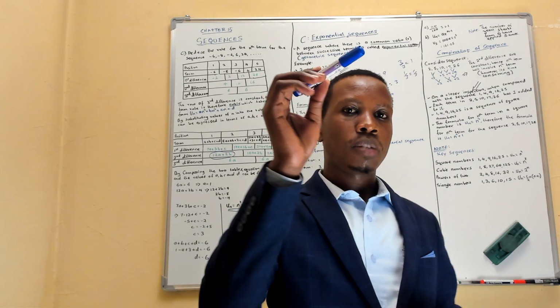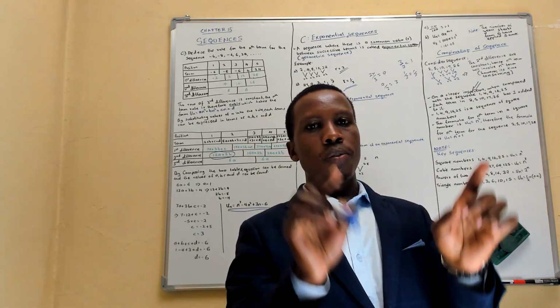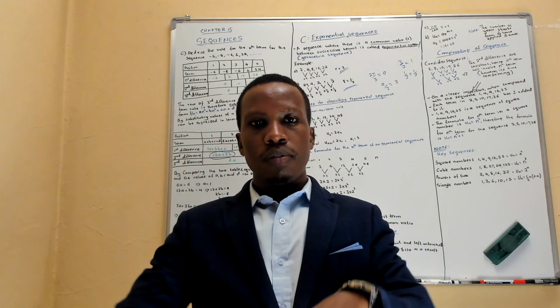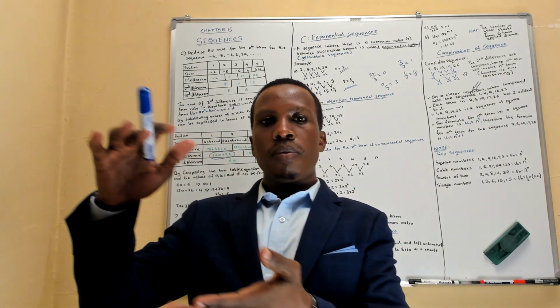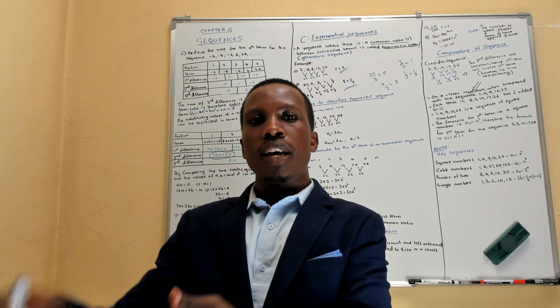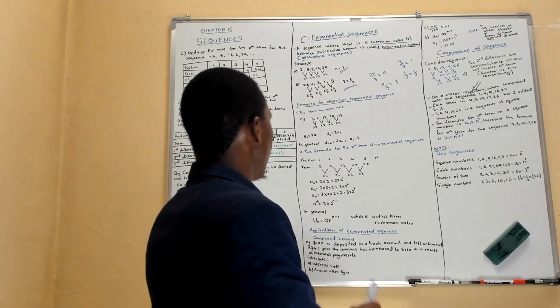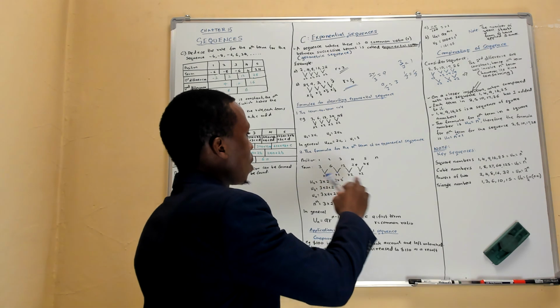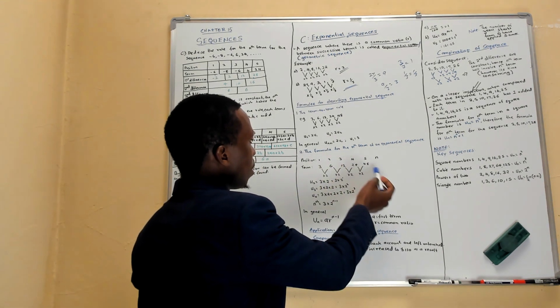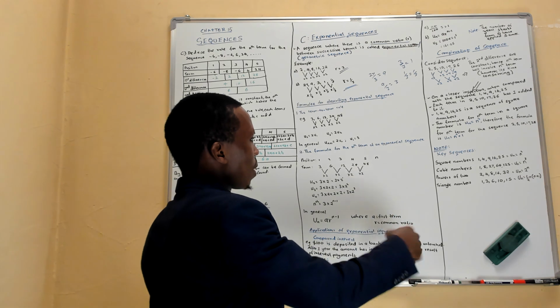So we have the first position and the value of the term, the second position and the value of the term, up to the nth position and the value of the nth term. Like here, 3 is the first term, 6 is the second term, and 48 is the fifth term, until the nth term.